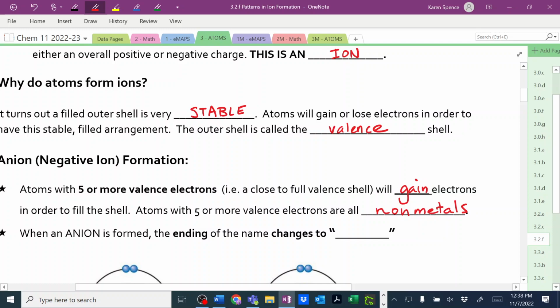When an anion is formed, what happens to the ending of the name? It becomes "ide." So basically you take the first syllable of the element and you add "ide" to the end.